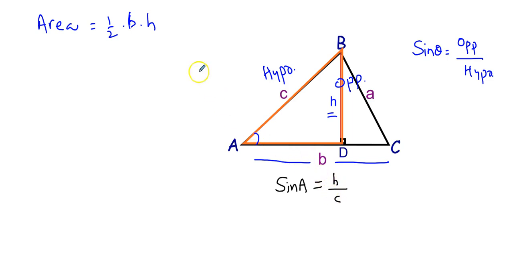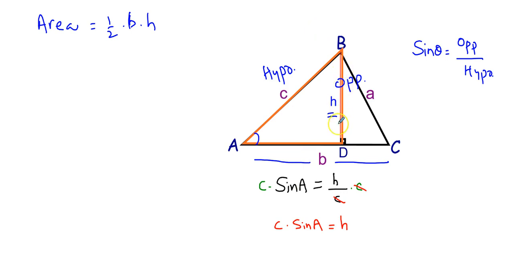Now our task is to change this h in terms of A and c. We are almost there. What will I do? Just multiply by c on both sides, so that c from the denominator is cancelled off. c and c got cancelled, so you are left with c times sine A is equal to h.